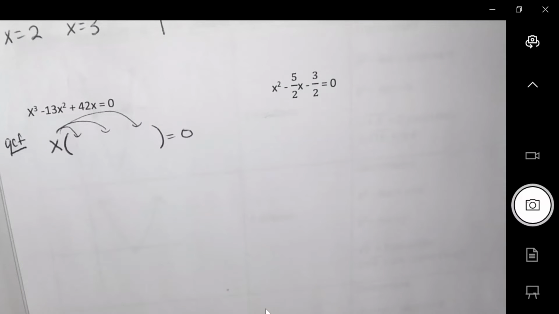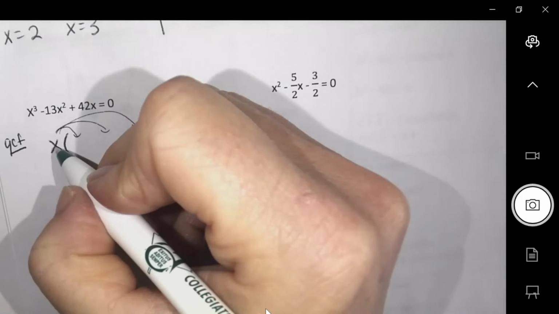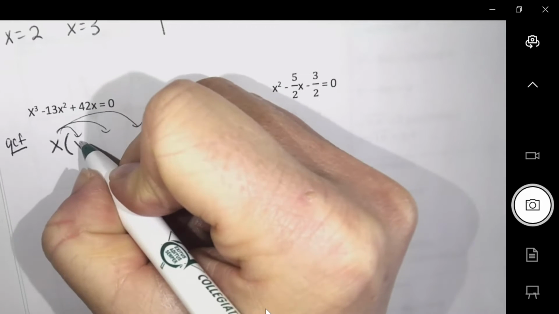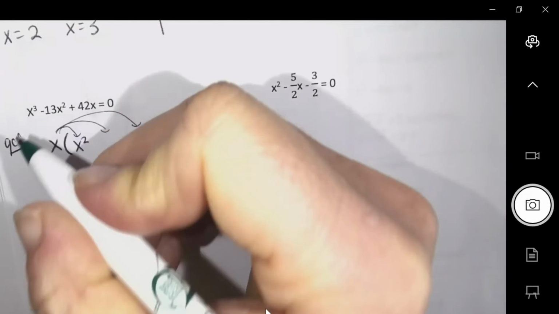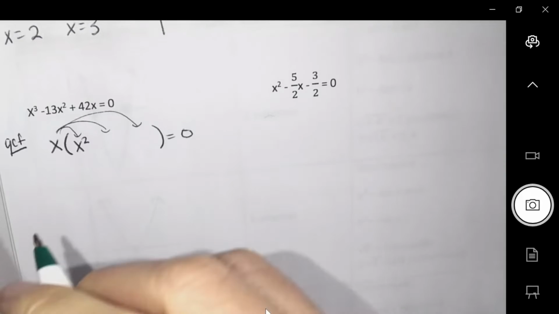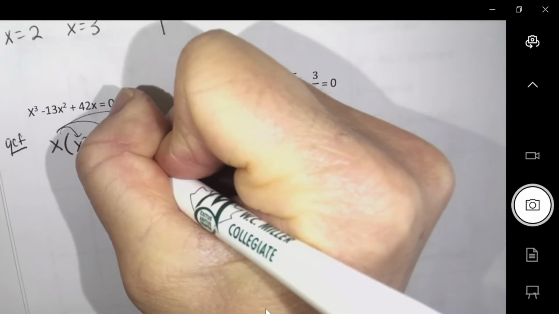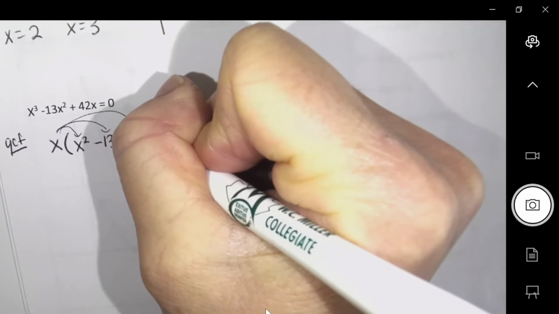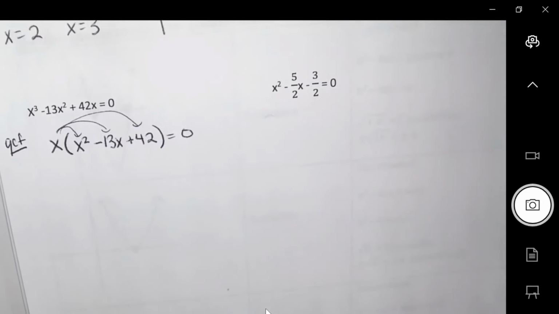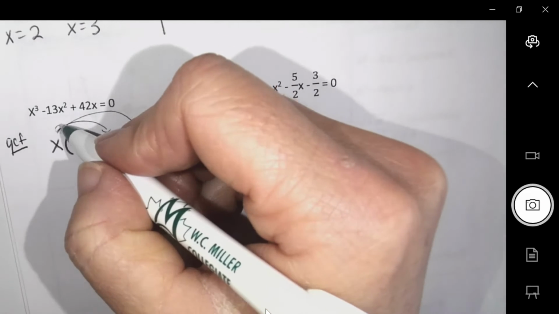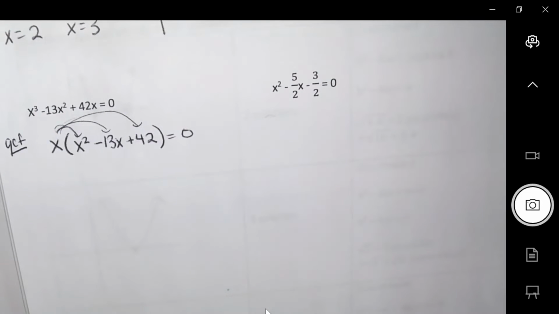So what are you going to be putting in there? X times x squared minus 13x and a plus 42. Okay, I took the x out of all those terms, or I'm understanding this is multiplying to that.